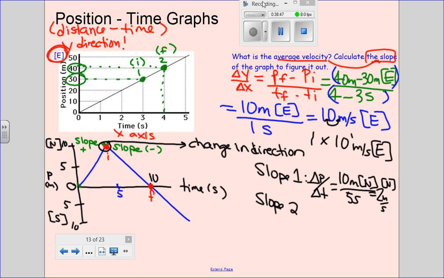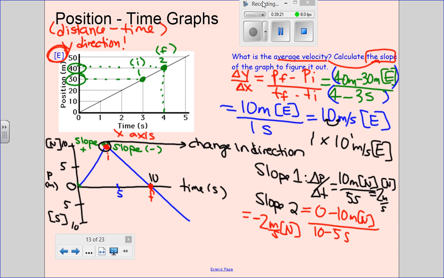So if I think about the change in position over the change in time, I'm going to go 0 minus 10 meters north over 10 minus 5 seconds. Now, if we do this calculation, what you end up with is negative 2 meters per second north.